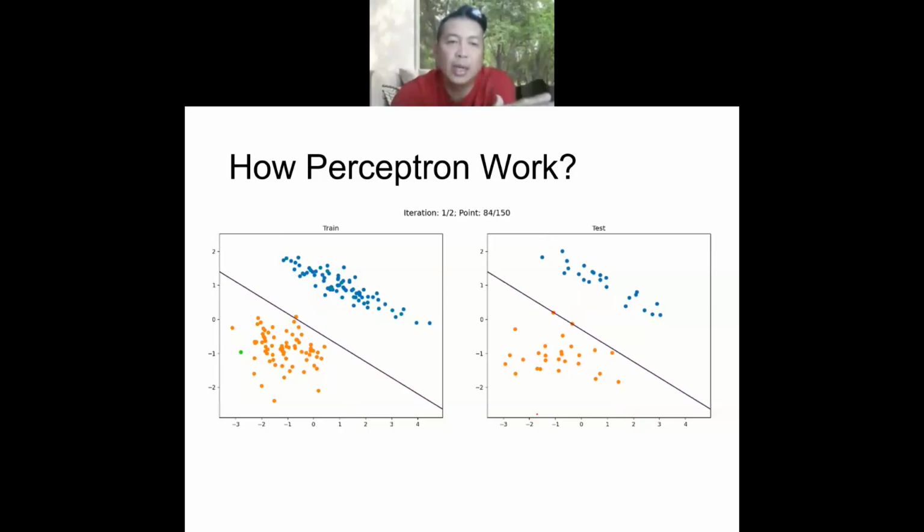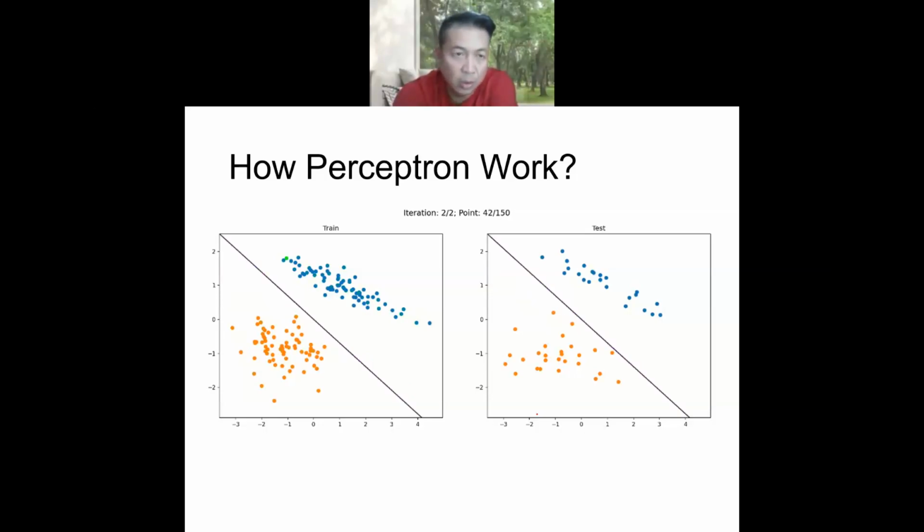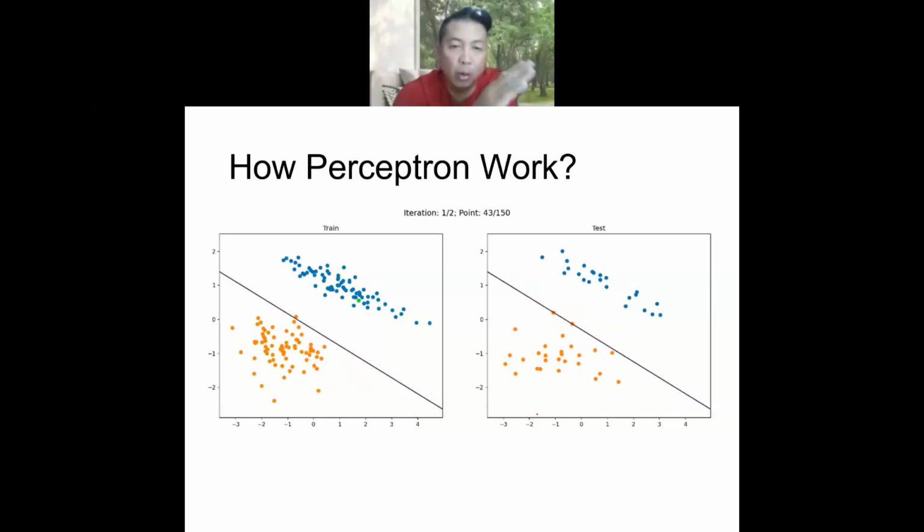They will move the line that separates these two classes. Remember that your training and your test will have the same line, because whatever you train in the training session gives you all the weights, and those weights will be used in your testing.